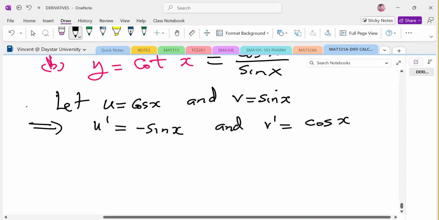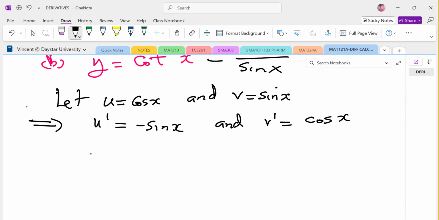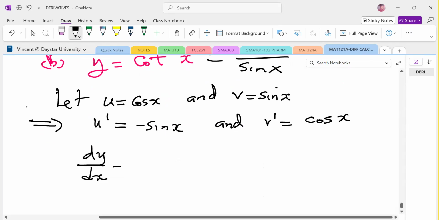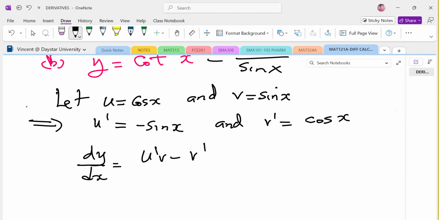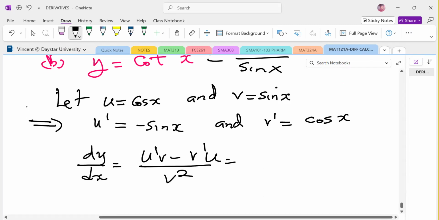So dy dx is given by u prime v minus v prime u over v squared. So u prime is minus sin x, v is sin x.